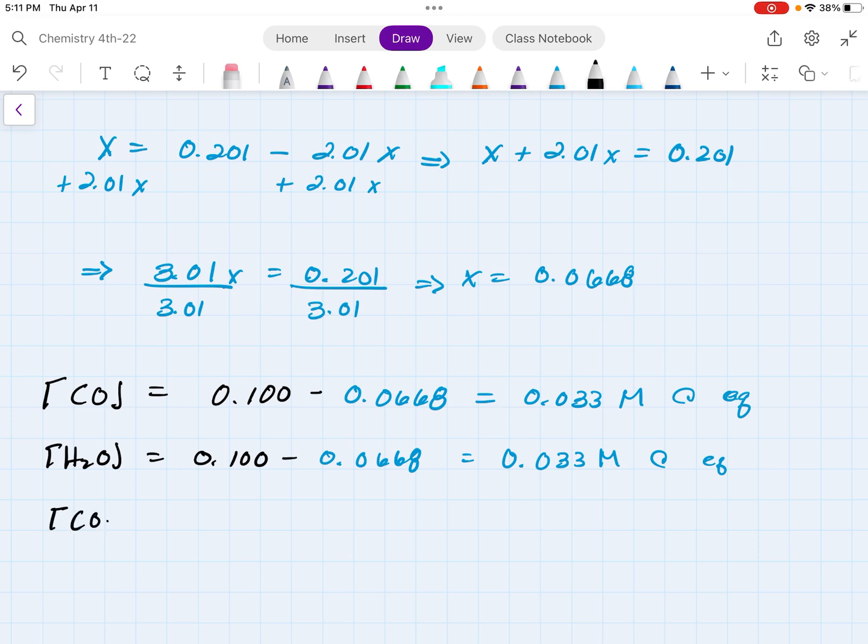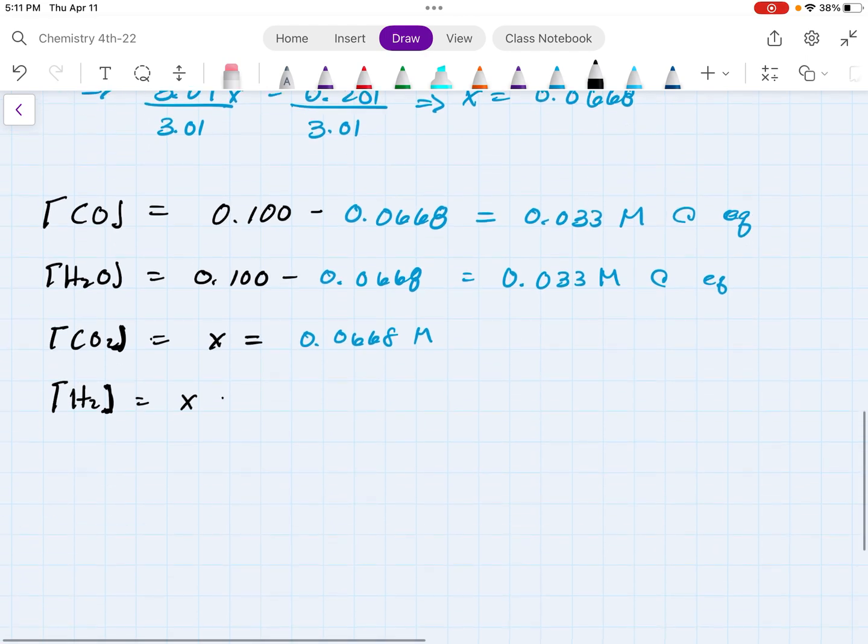CO2, remember, was equal to X, so X is equal to 0.0668 molar concentration. And of course, hydrogen gas was the same as the CO2 at equilibrium. So hydrogen gas also has a molar concentration of 0.0668 molar. These are both at equilibrium.